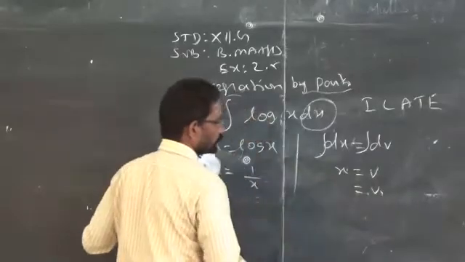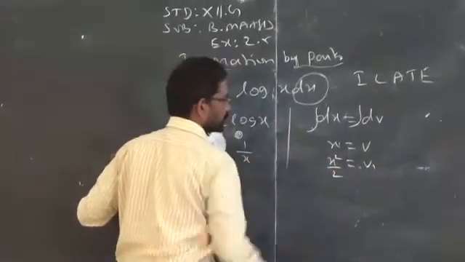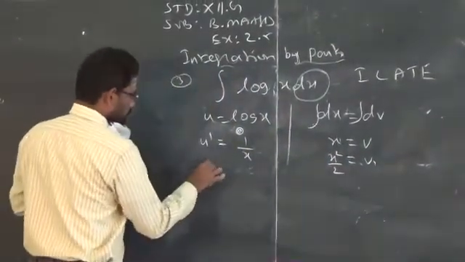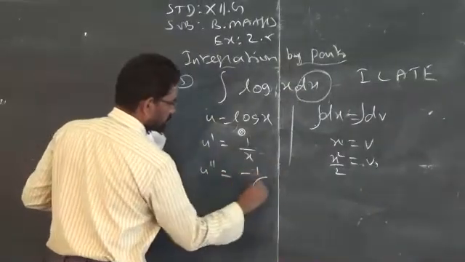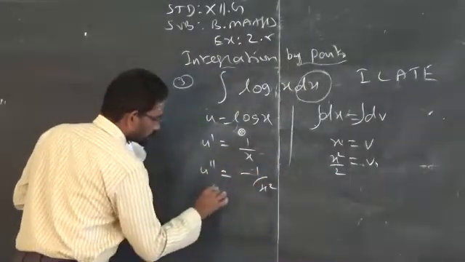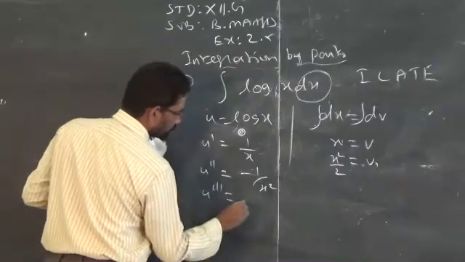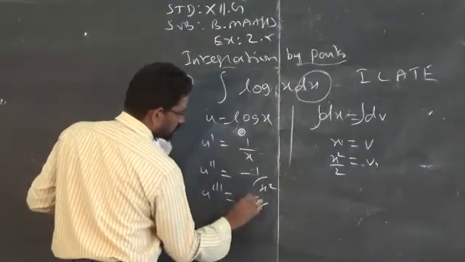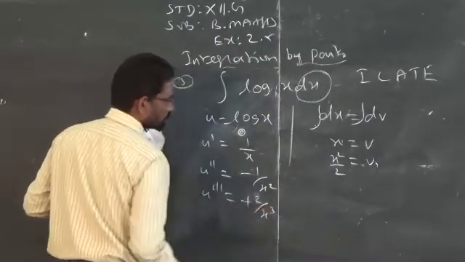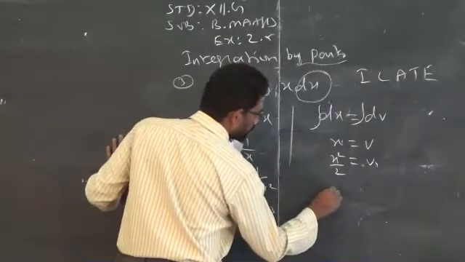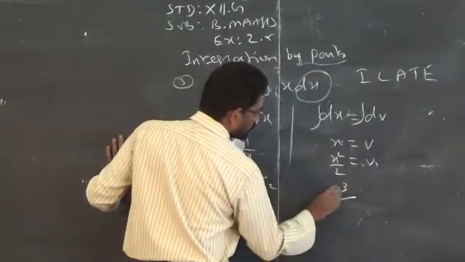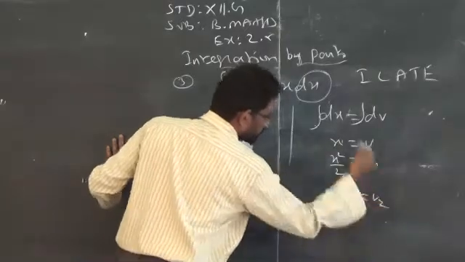Integration of v1 is x square by 2, u double dash is minus 1 by x square, u triple dash will become plus 2 by x cube, and v2 will become x power 3 by 6, and so on.